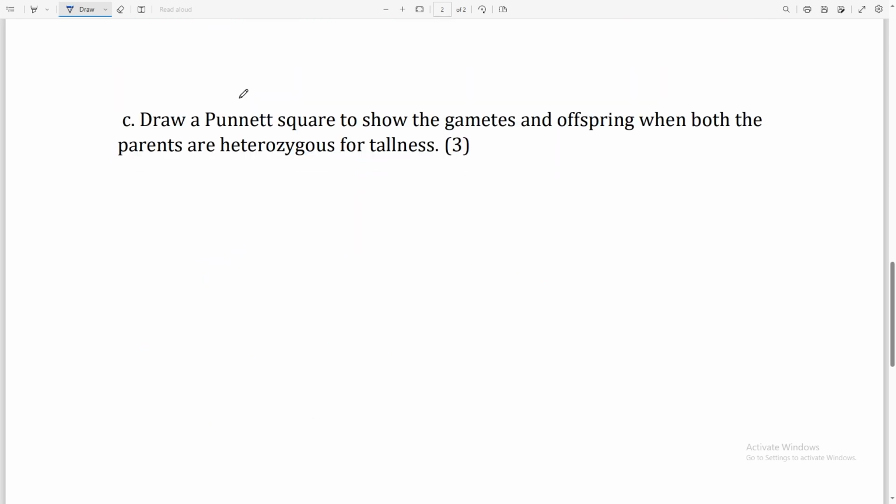Question C. Draw a Punnett square to show the gametes and offspring when both the parents are heterozygous for tallness. How to draw the Punnett square? When both the parents are heterozygous for tallness, heterozygous tall is one parent, crossed with another parent that is also heterozygous tall. P generation.